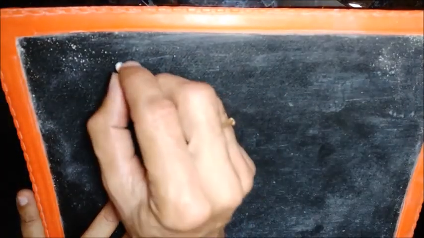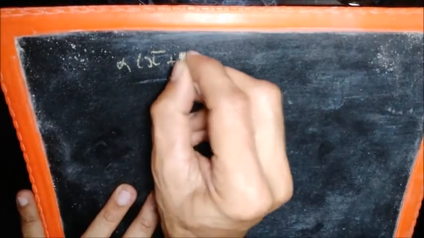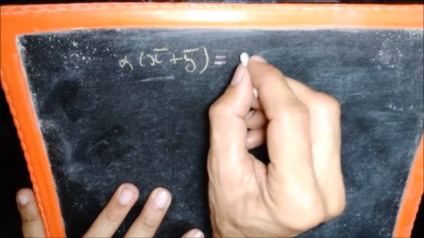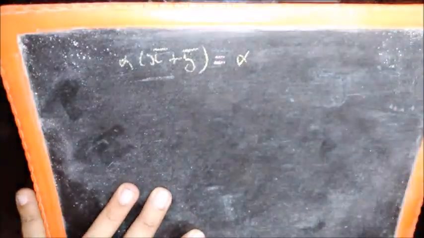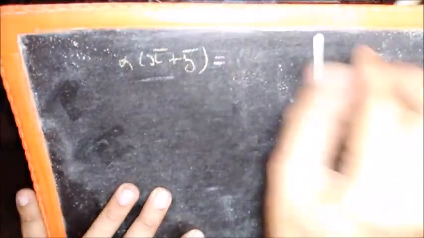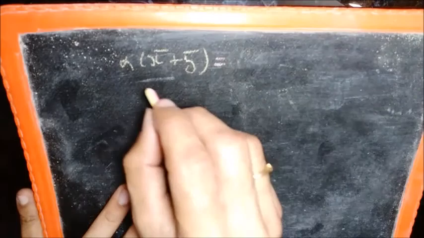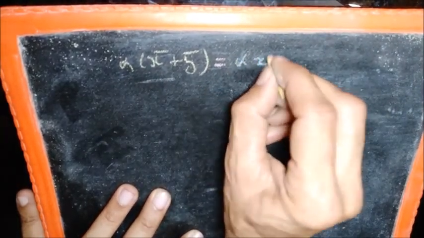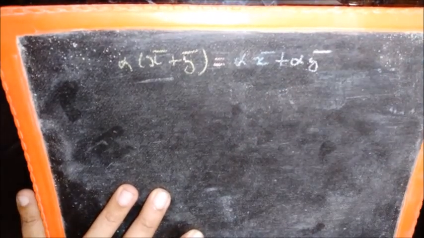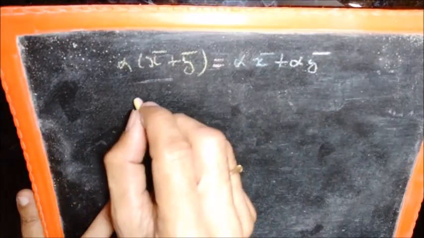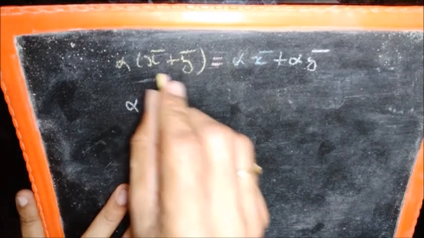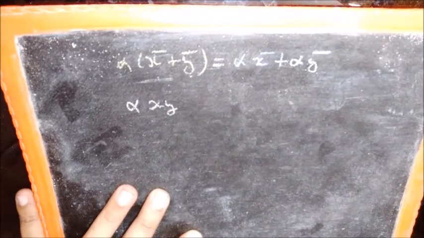Next is alpha into x plus y. Whether this property is satisfied. Sorry, I didn't write the right hand side of the property. The right hand side says that alpha into x plus y should give the result alpha x plus alpha y. So on the left hand side, x plus y will be xy.